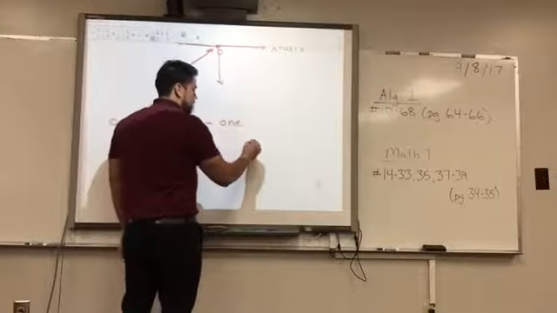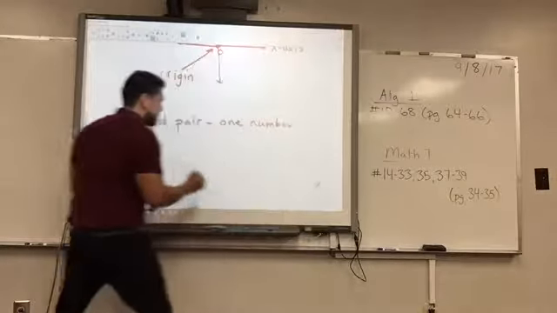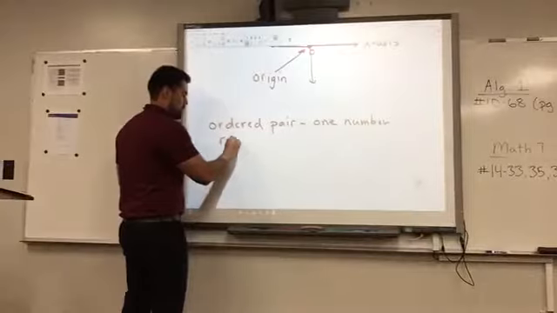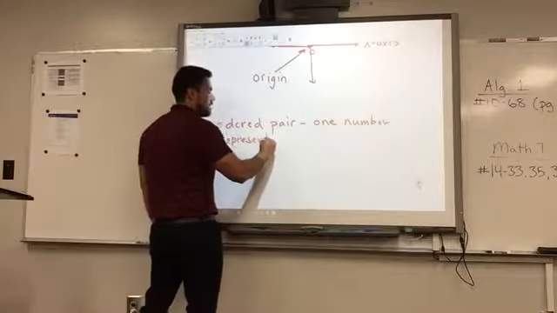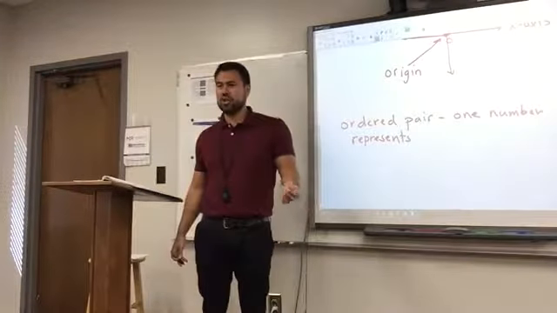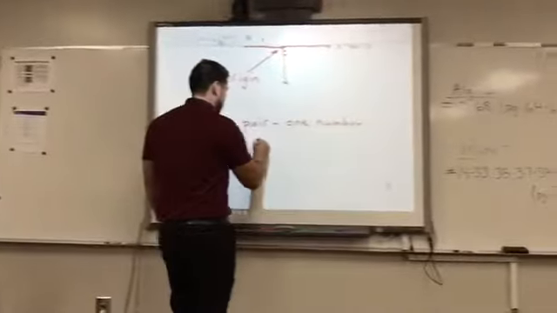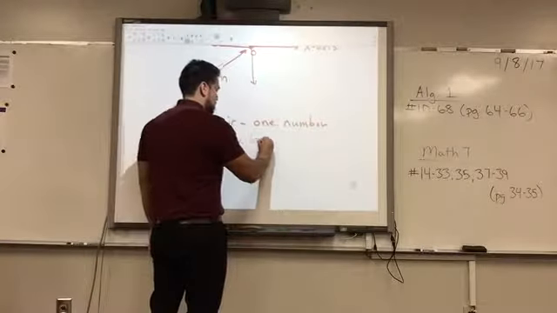1 number represents the location on the x-axis, and the other number represents location on the y-axis. Okay.